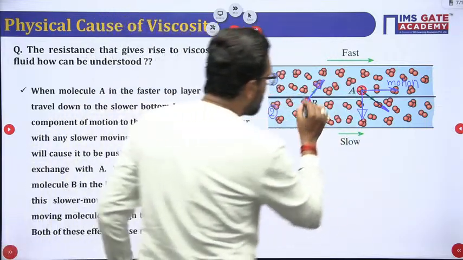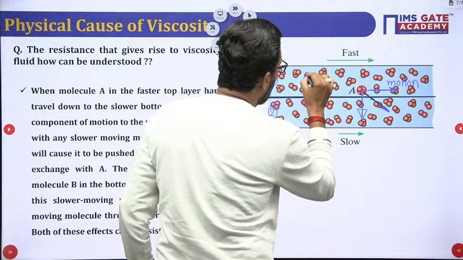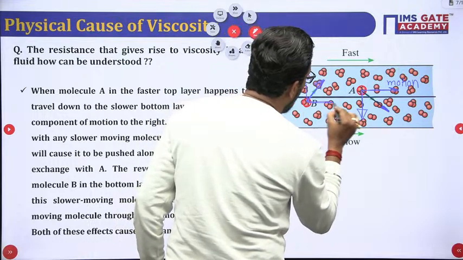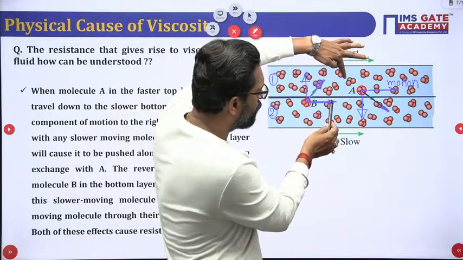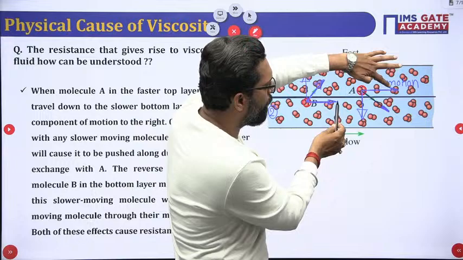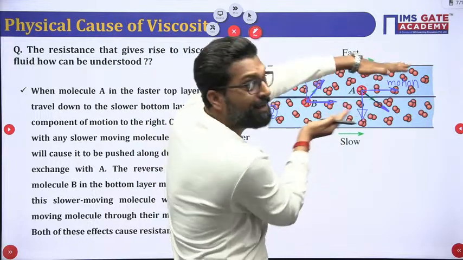So the molecules again have two components: one vertical, the other horizontal.